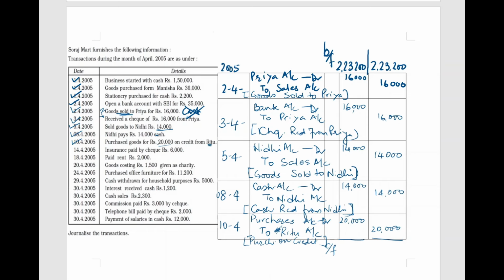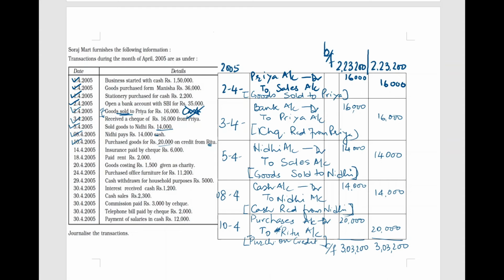So we will match. 223,200 plus 16, 16, 32,000 plus 14, 14, 28, 28,000 plus 20,000. So my total is 303,200. That means 3 lakh 3,200. So this side also you can verify yourself, 200.